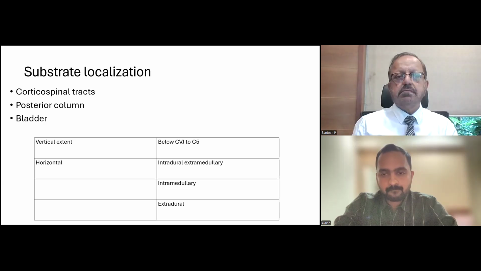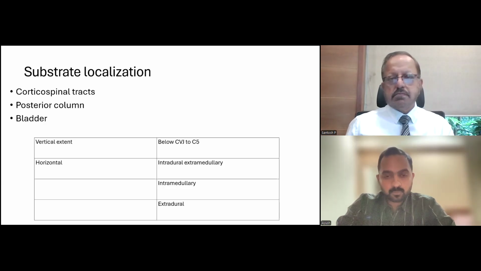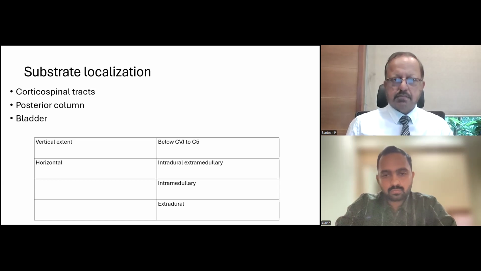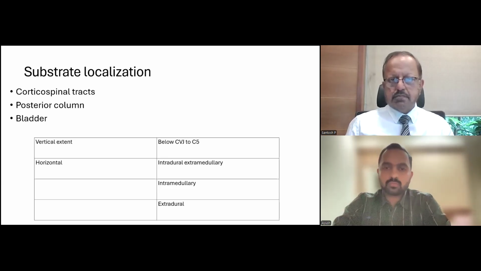Why do you want to put the upper extent below CVJ? It is the upper cervical cord or C5, C6 level or above that. I cannot localize to any particular level from the history.